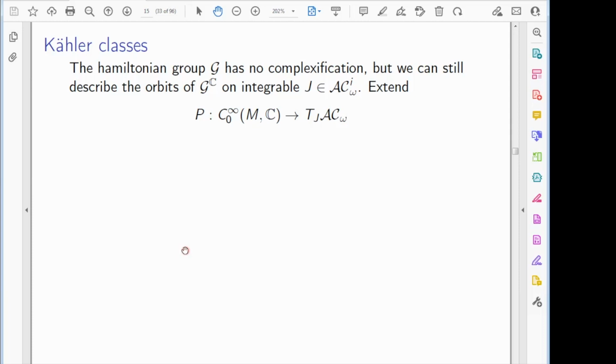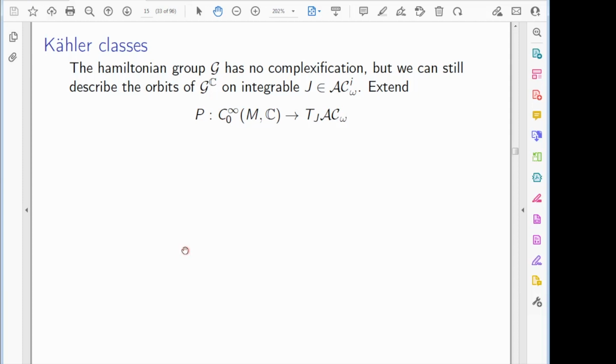So you can consider this collection of metrics to be the orbit of the complexified Hamiltonian group, which doesn't exist.